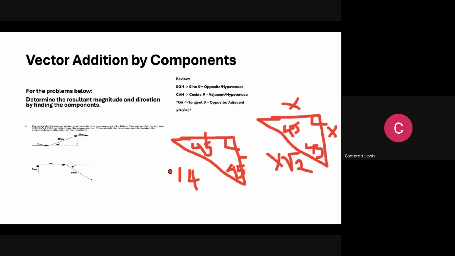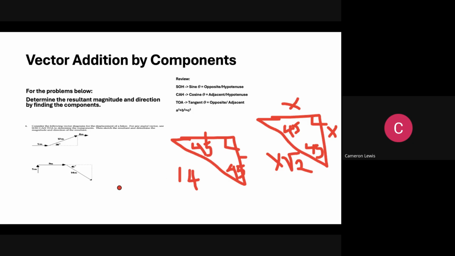So now I know that this is 14, which is x times root 2. So if I want to find out what x is to get these two sides, I have to divide 14 by what? Just root 2.